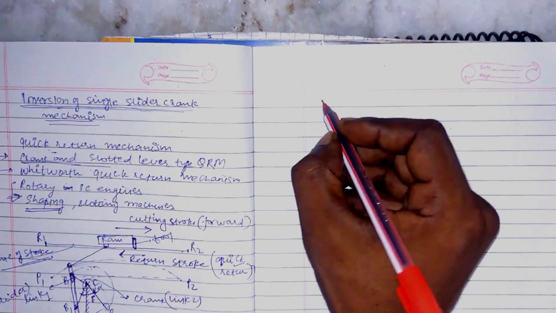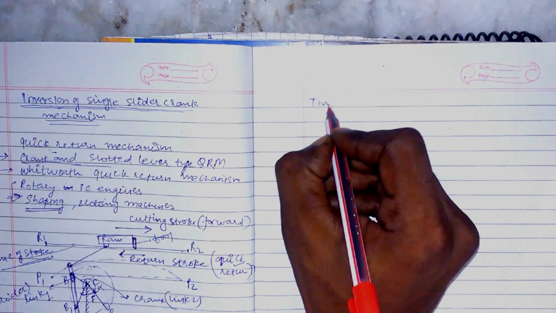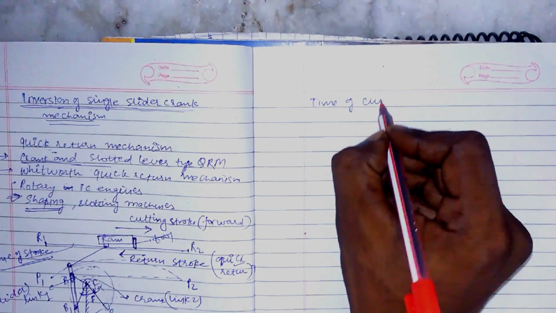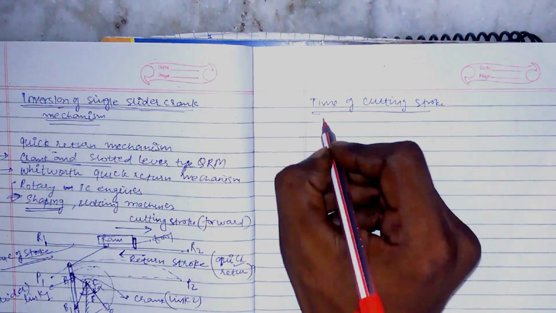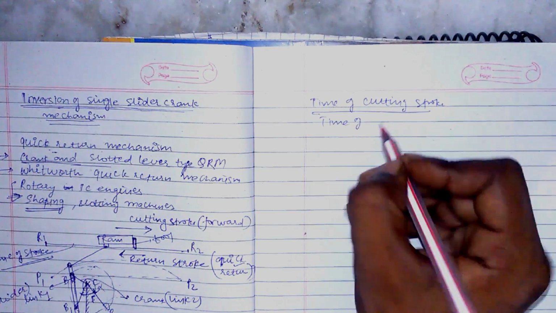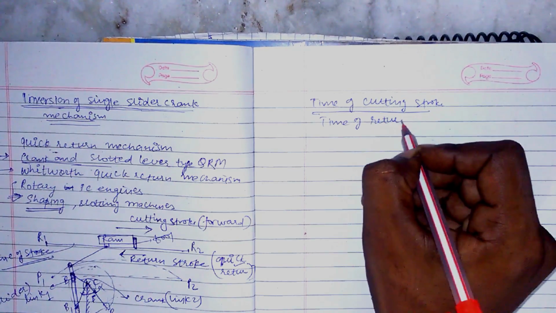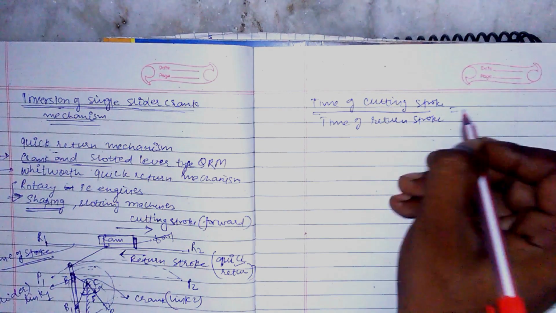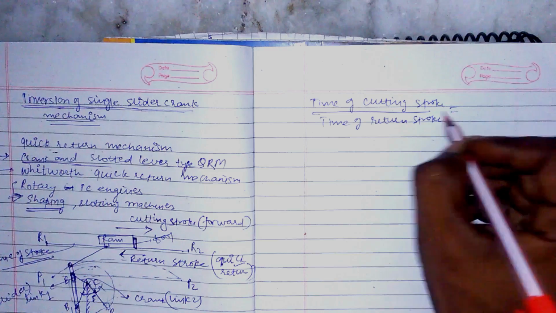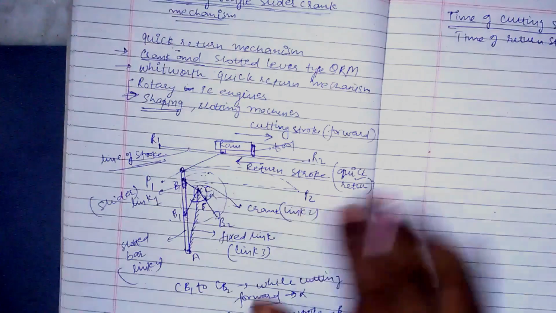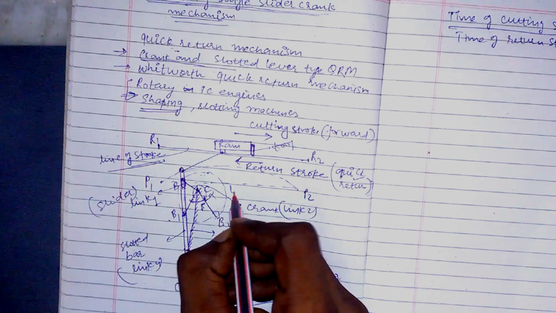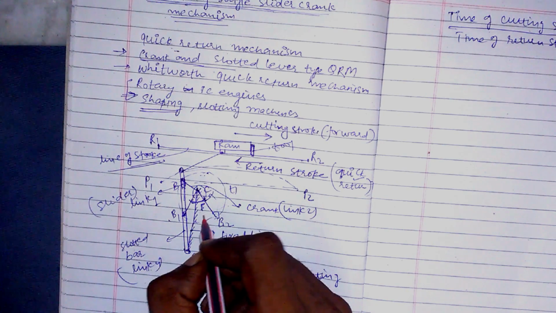Now here we can write the time of the cutting stroke to the time of the return stroke in terms of angle. It will be in proportional ratios, as it takes some time t1 in this and some time t2 for this.